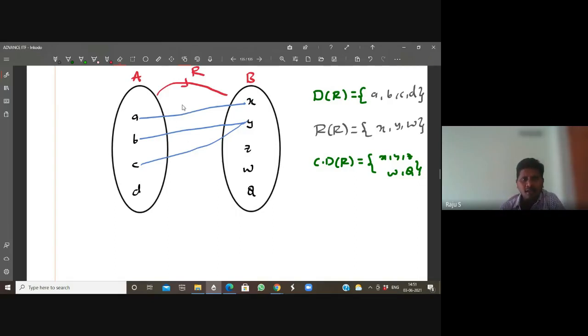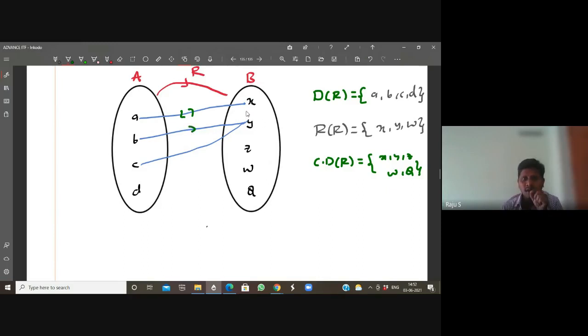Look at here. What about here? A is related to X. Here X is called the image of A, and A is called the pre-image of X. You have to remember all this.